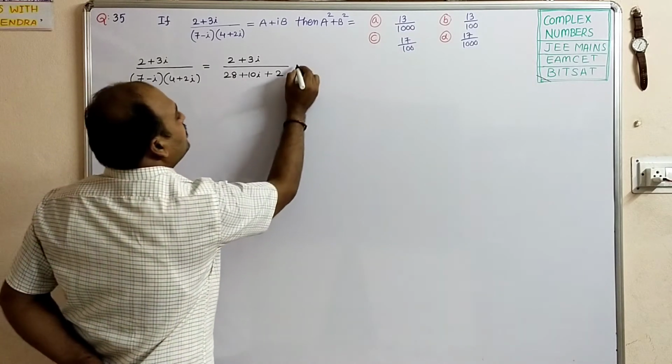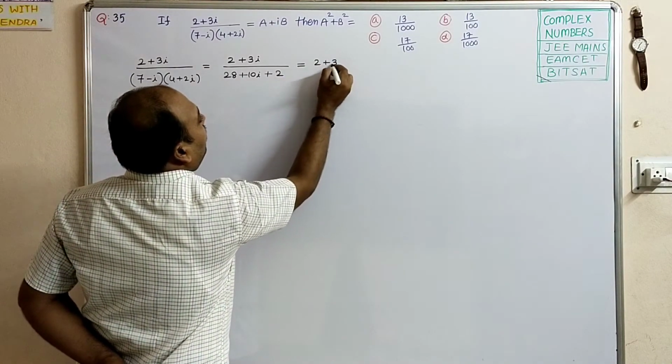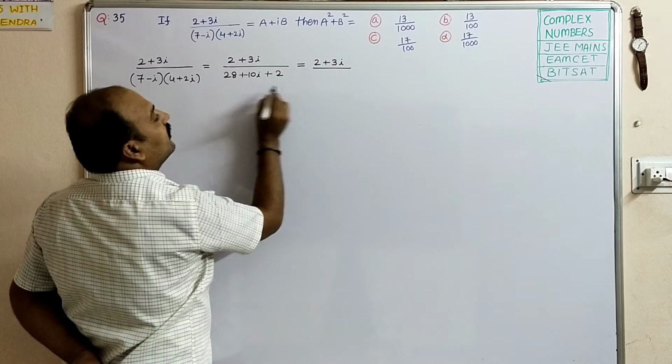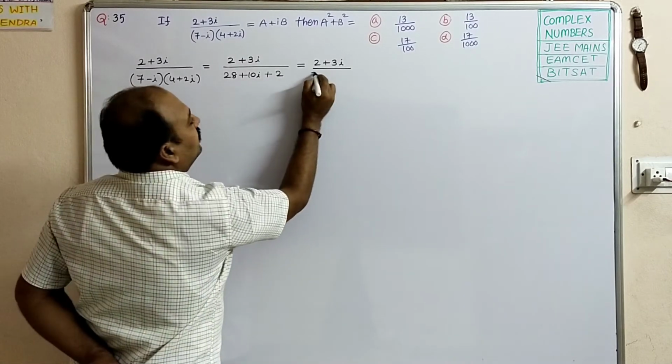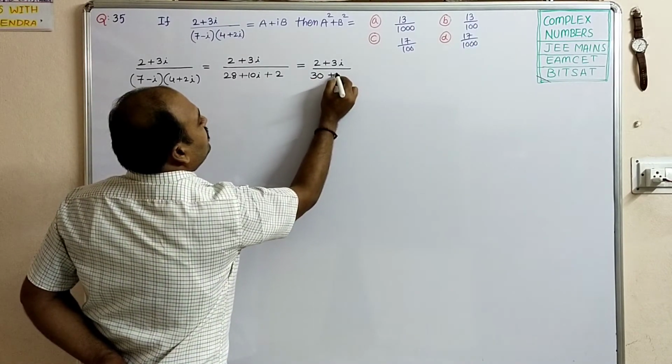So this can be written as 2 plus 3i divided by 28 plus 2 is 30, 30 plus 10i.